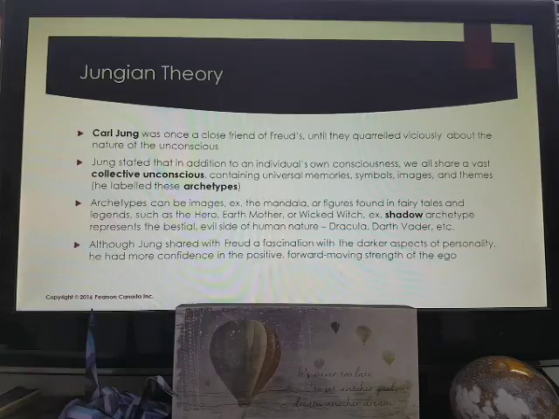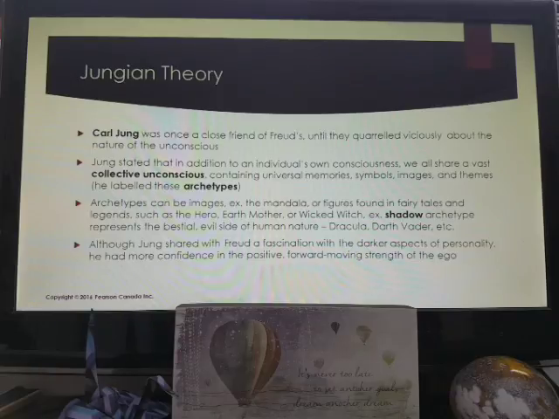So we have our own personal unconscious, and we also have a collective unconscious that is shared universally. He said that this collective unconscious contains universal memories, symbols, images, and themes, and he labeled these as archetypes.